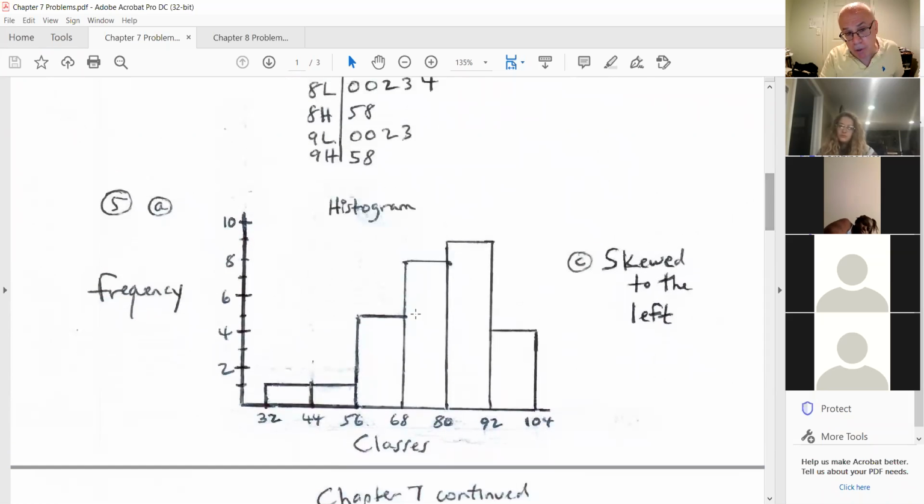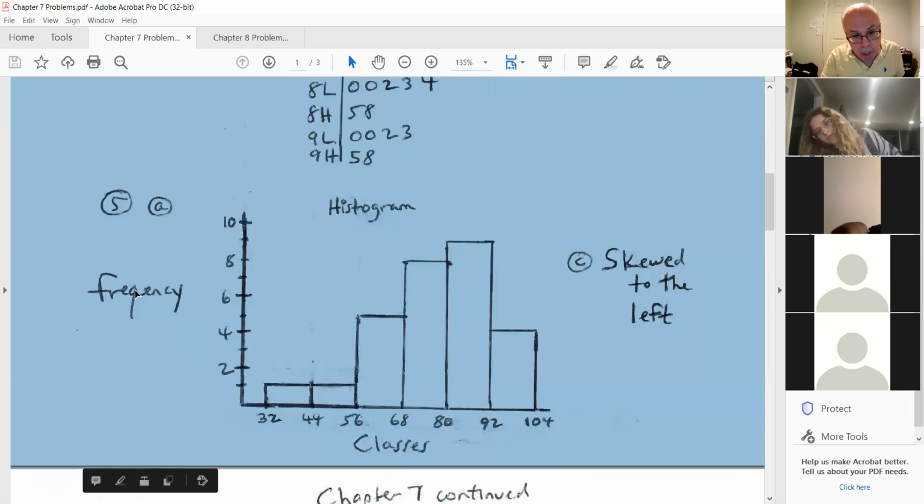Now, one thing that you could also do, instead of having the frequency over here on the left, sometimes they have along the vertical axis what's called relative frequency. What's the relative frequency? It's the frequency divided by the total number of observations in the data set. So, for example, the relative frequency for the first class, which is 32 to 44, we have a frequency of 1. It would be 1 divided by 28.